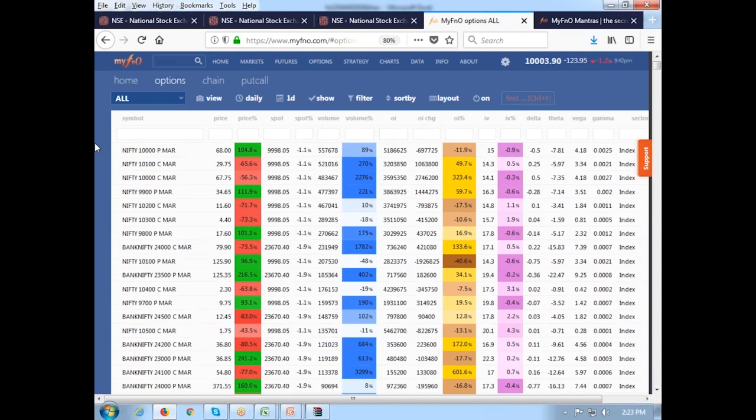Look at the columns: symbol, price percentage change, spot percentage change, volume percentage change, OI change, OI percentage change, IV percentage change, then delta, theta, gamma, vega, then sector, and then time. This is the table.